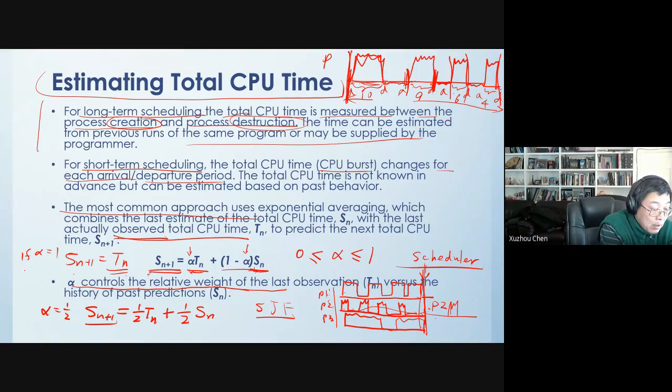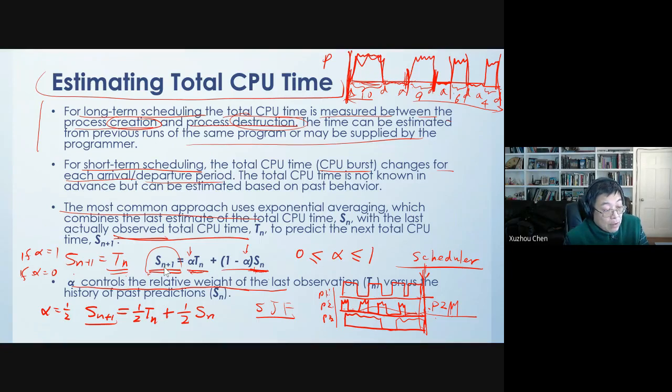If alpha equals 0, then S(n+1) equals S(n), so I keep using the same predicted value and ignore the previous actual CPU burst. So that's basically used in shortest job first, or shortest remaining job first.